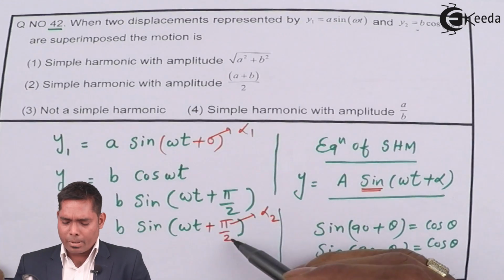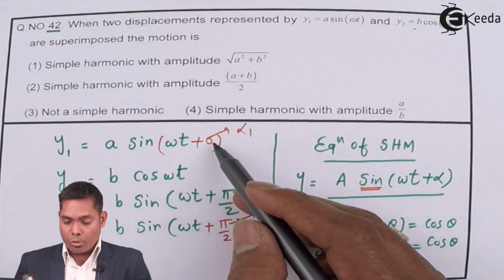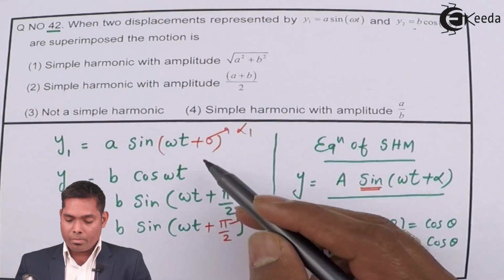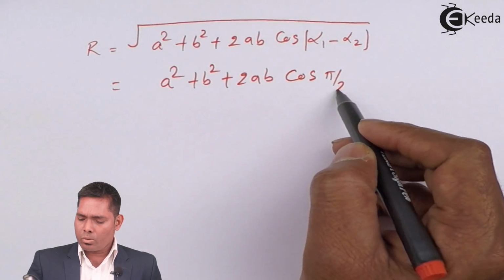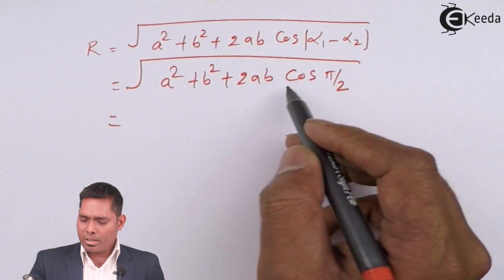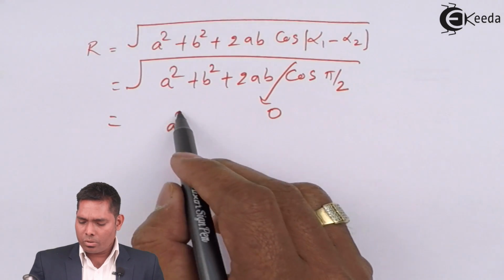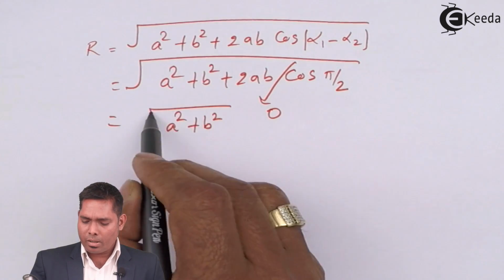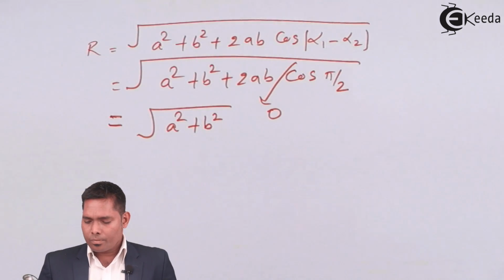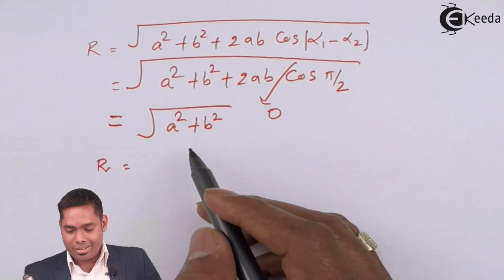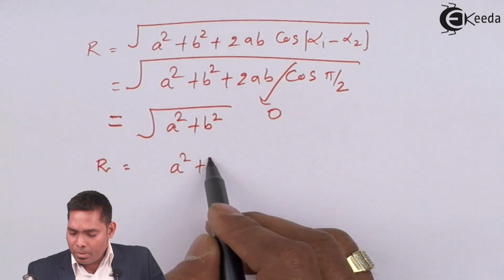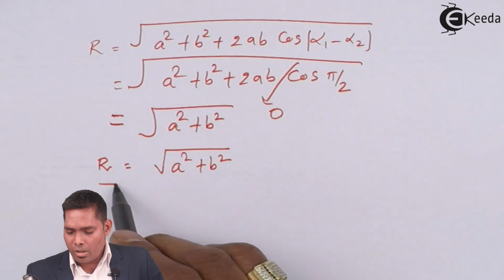The difference is pi by 2. I take 0 minus pi by 2, or pi by 2 minus 0, it is pi by 2. So this is cos of pi by 2. Cos 90 is 0, so this factor is 0. So this becomes the square root of a square plus b square. That means the amplitude of the resultant SHM is the square root of a square plus b square.